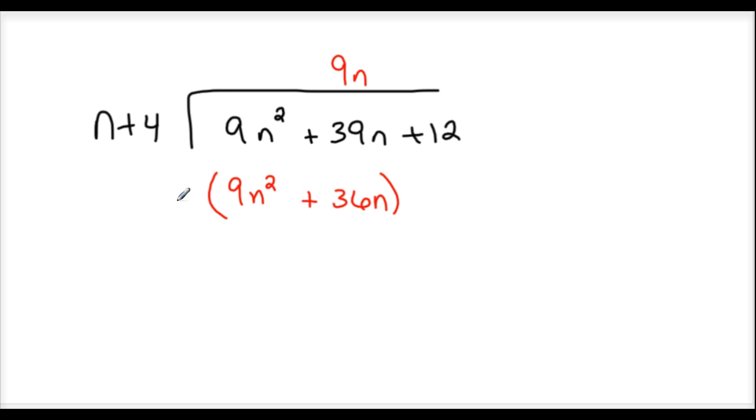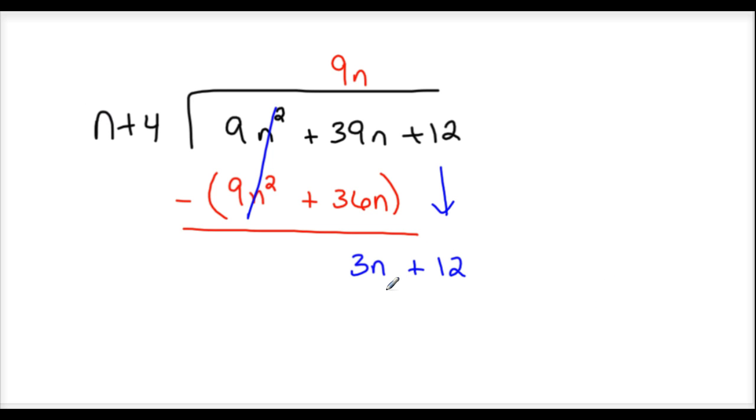Parentheses, subtracting that quantity, subtraction sign. 9n squared minus 9n squared, that goes away. 39n minus 36n is 3n, bringing down my positive 12.